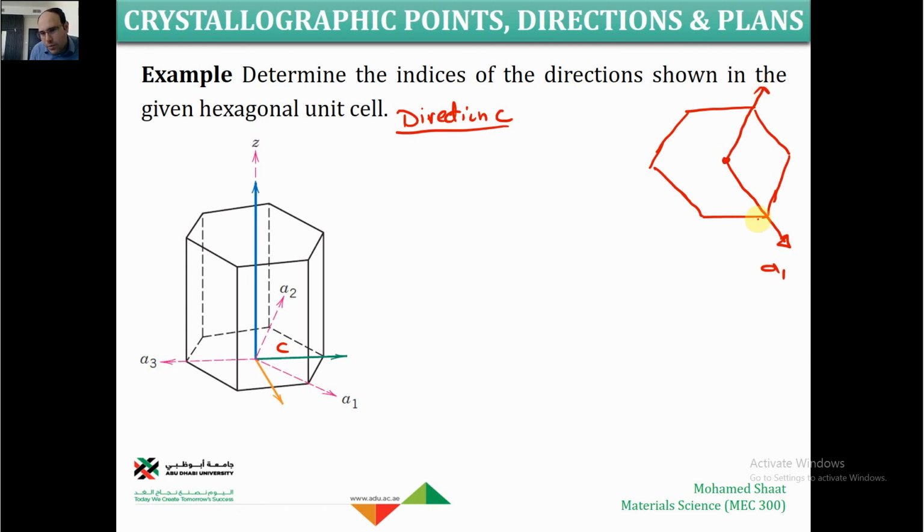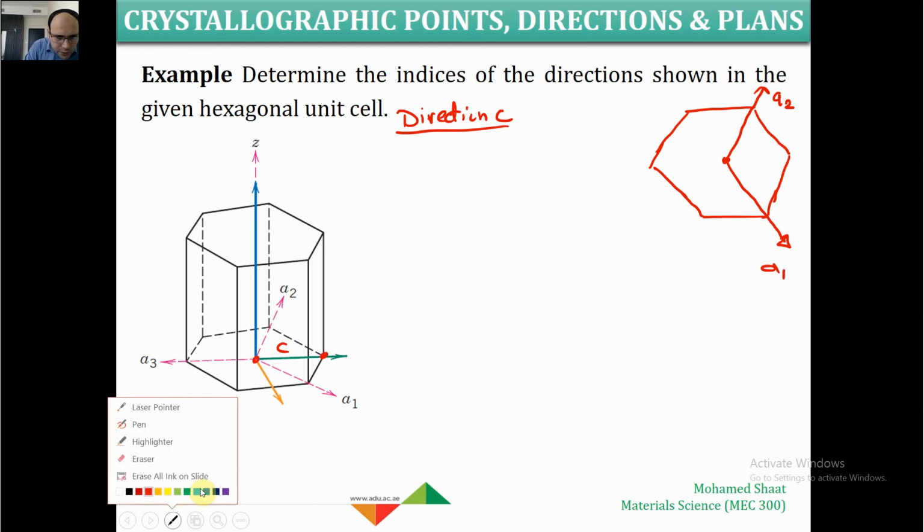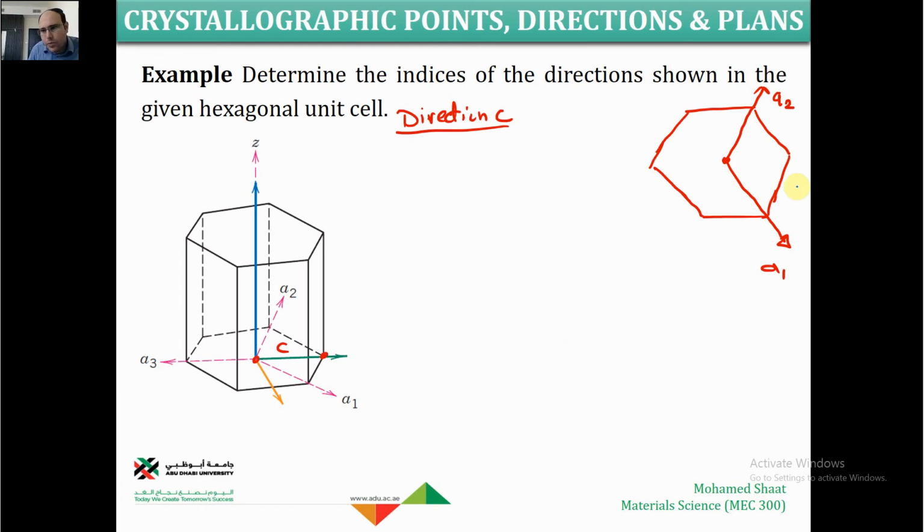Remember that you just pick this vertex, this corner, skip one and choose the second one to define A1 and A2. Where should be the end point? So this is the start point of vector C, which should be the 0 point. The end point is gonna be here, right? So define this end point over the base, which should be this one. It means that this direction should be direction C.